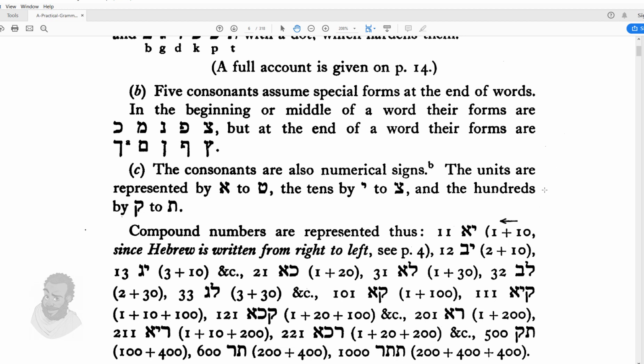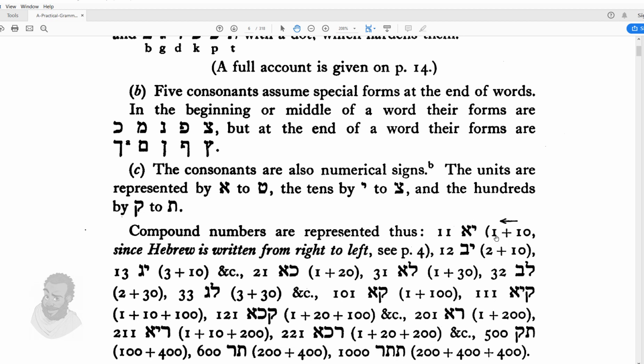In modern Hebrew, that is no longer done unless it is either an official document or something pertaining to religious matters.